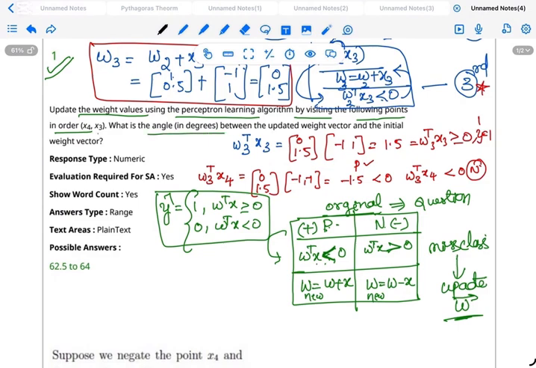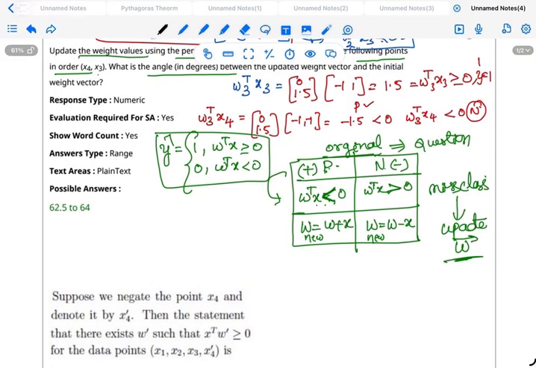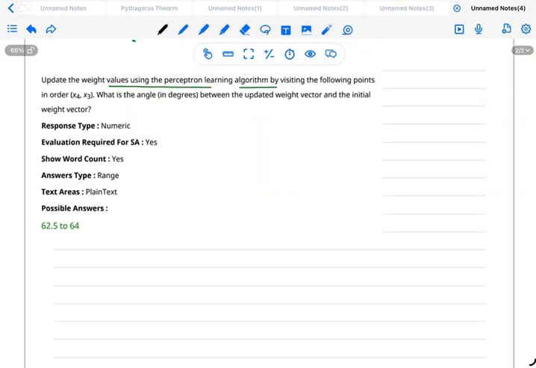What is the angle in degrees between the updated weight vector and the initial weight vector? They give the order x4, x3. That is, the angle between W0 and the updated weight vector.